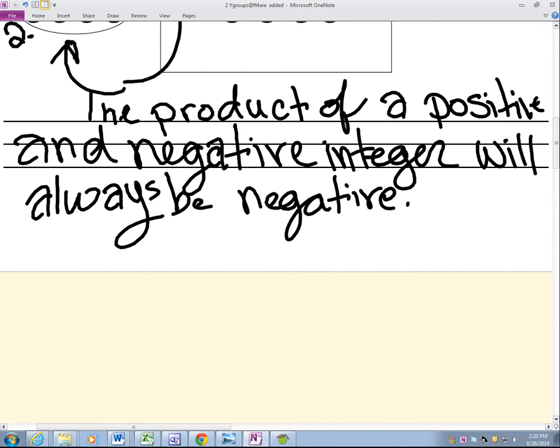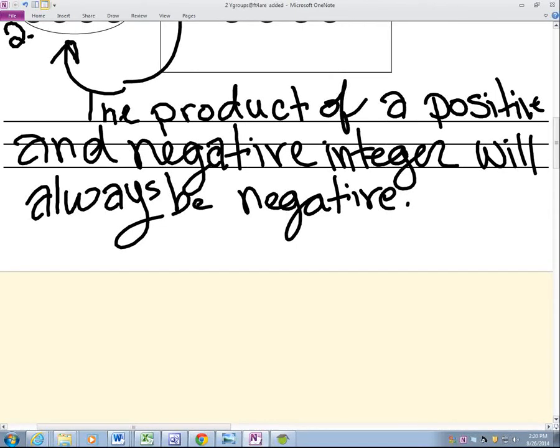Why would it always be negative? Like for addition and subtracting them, it depends on which number is higher. Right, which absolute value. Is that what the rule is for this, or is it always going to be negative? That's the rule right there. The product of a positive and negative integer will always be a negative.